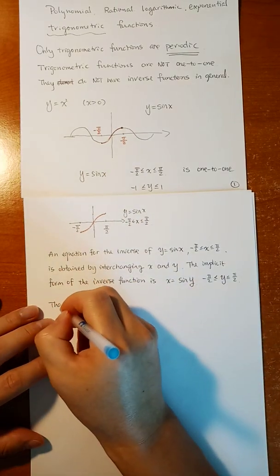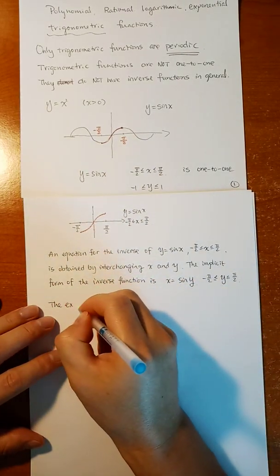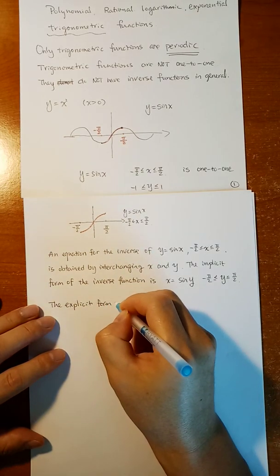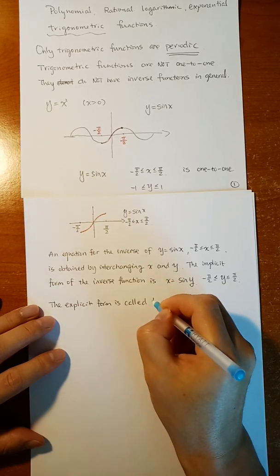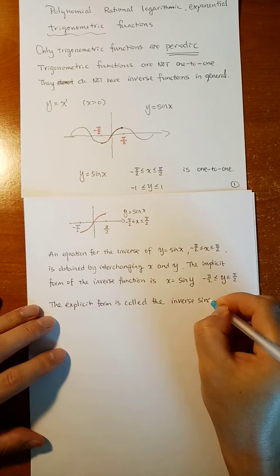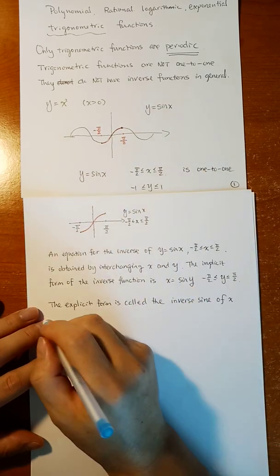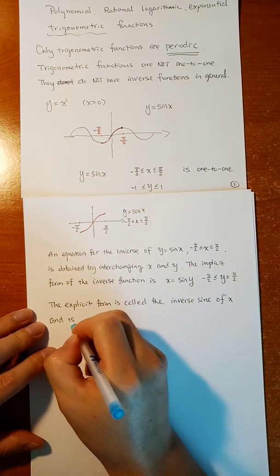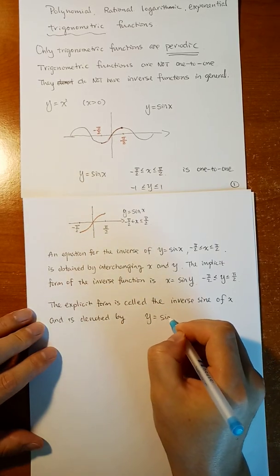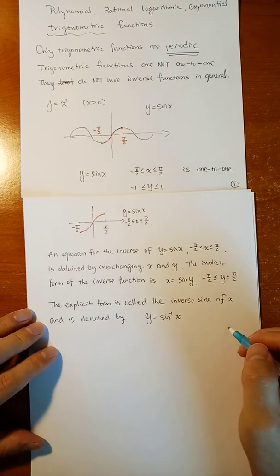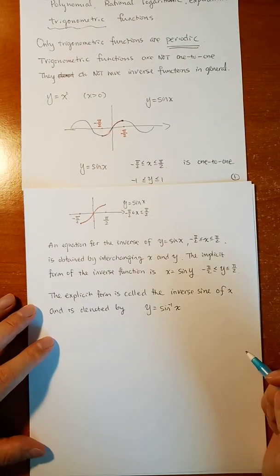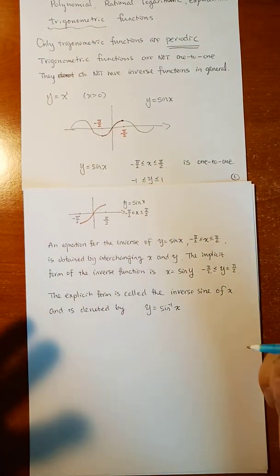The explicit form is called the inverse sine of x, and is denoted by y equals sine inverse of x. That's simple. This is the inverse sine. So we just create a new symbol.